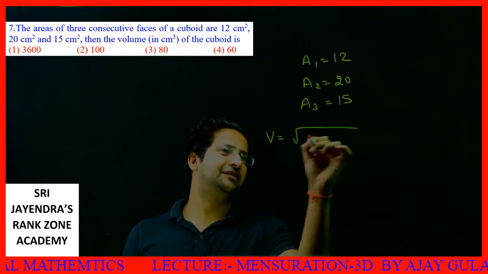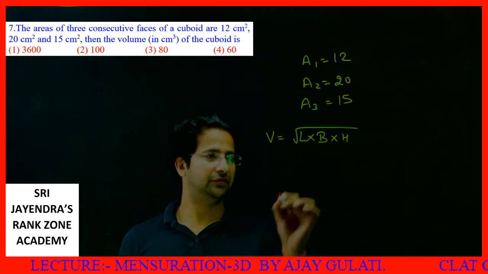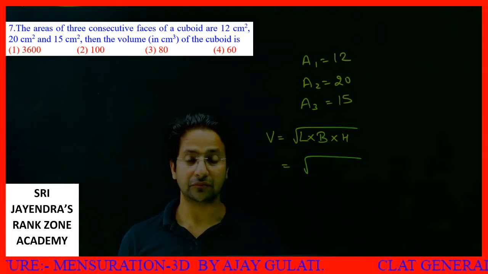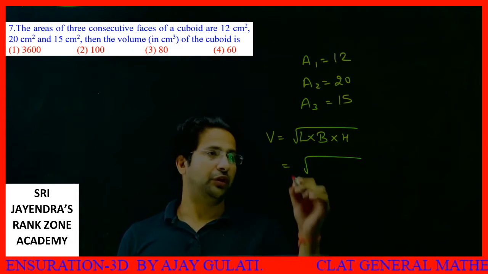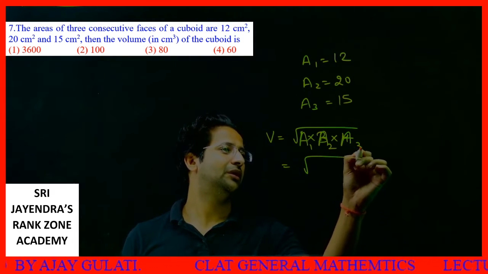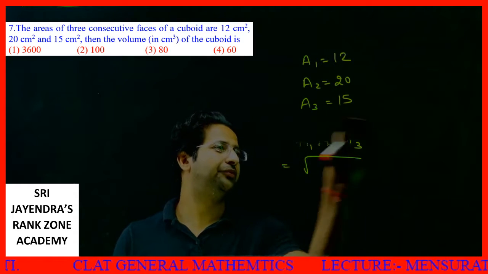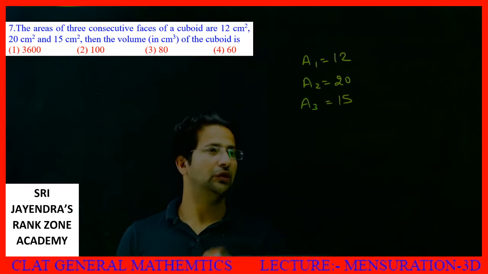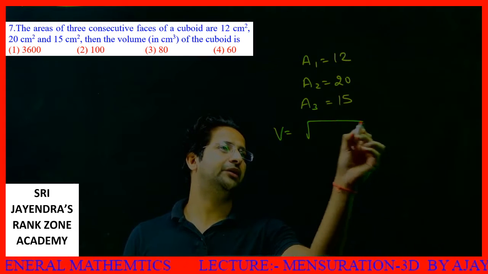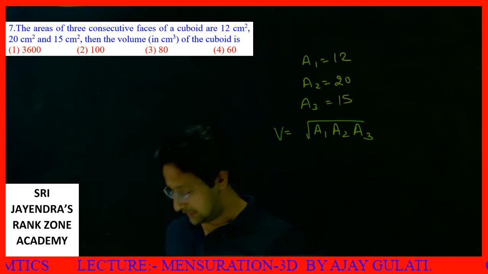We just discussed this will be L into B into H. I'm sorry. A1 into A2 into A3. This will be the volume. Okay, I'll write again, no problems. The volume will be under the root A1, A2, A3.